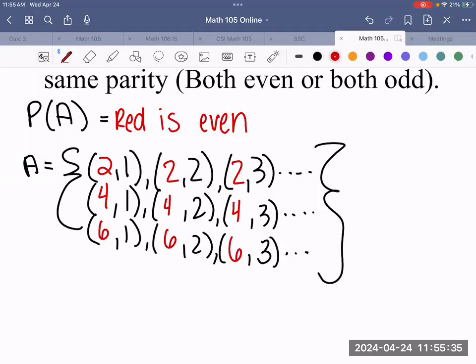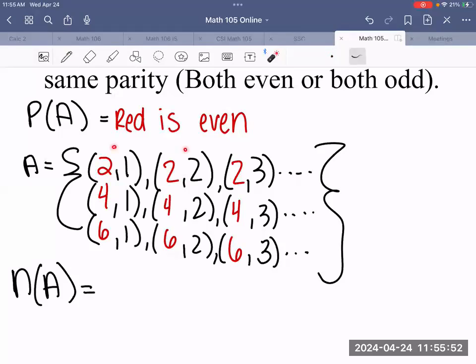So if this is what it looks like, with A, the red one, being even, how many total different ways can A occur? If it's 2,1, 2,2, 2,3, 2,4, 2,5, 2,6, then this one has 6 different ways.